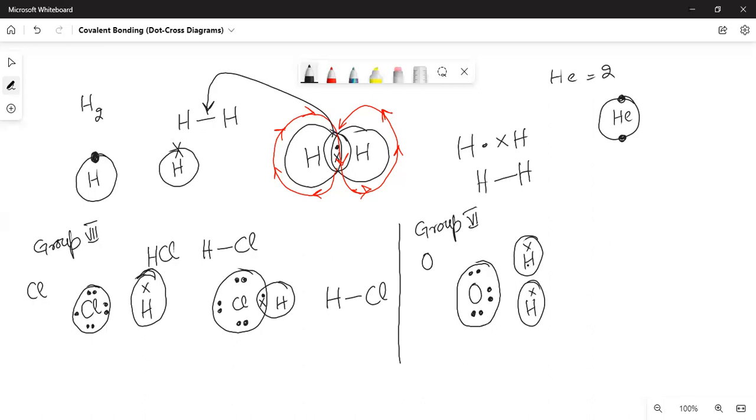So what happens is that I am going to change it somewhat to this form, like that. What if it's from group 5?